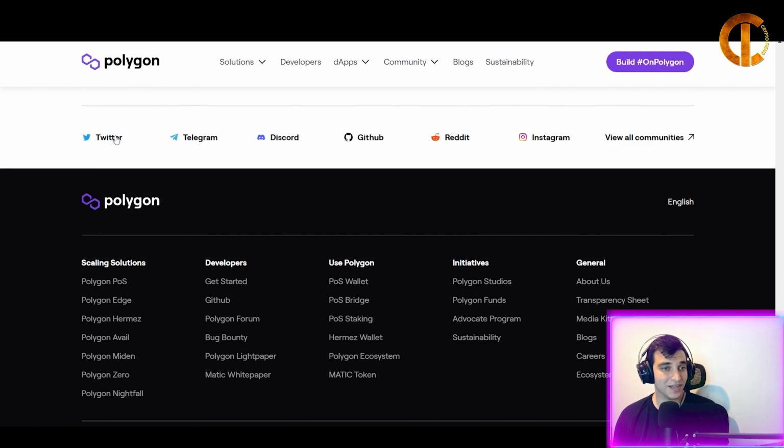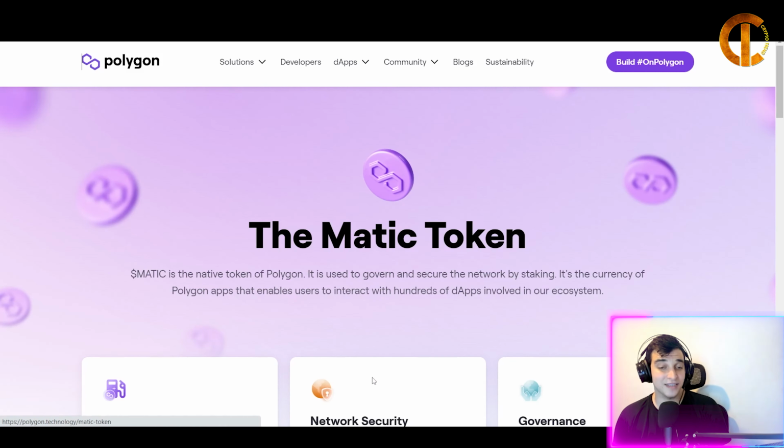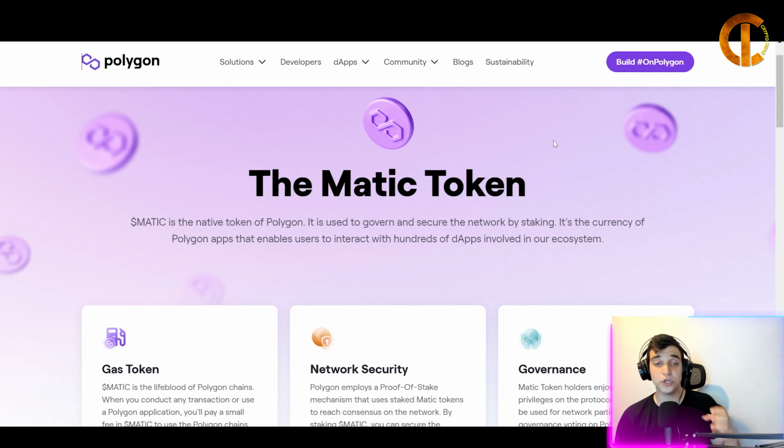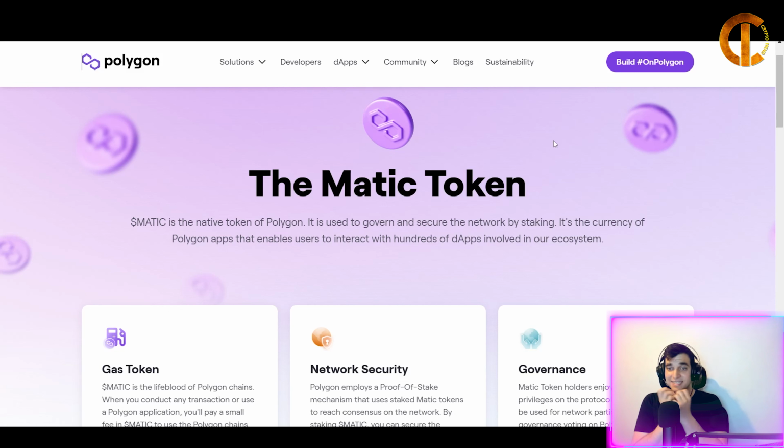As you saw in their Twitter, you can see the Matic token that they talked about. Now, what is actually the Matic token? So Matic is the native token of Polygon, and it is used to govern and secure the network by staking, meaning that it's the currency of Polygon apps that enables users to interact with hundreds of dApps that are involved in their ecosystem.